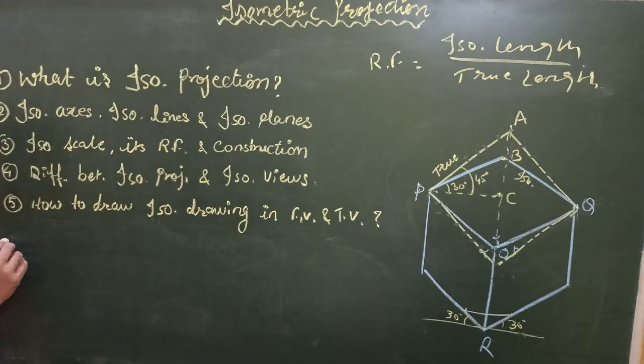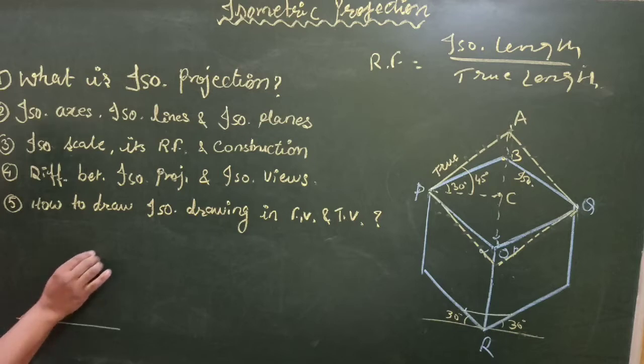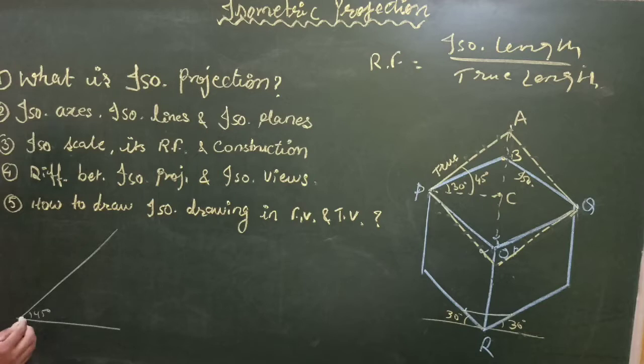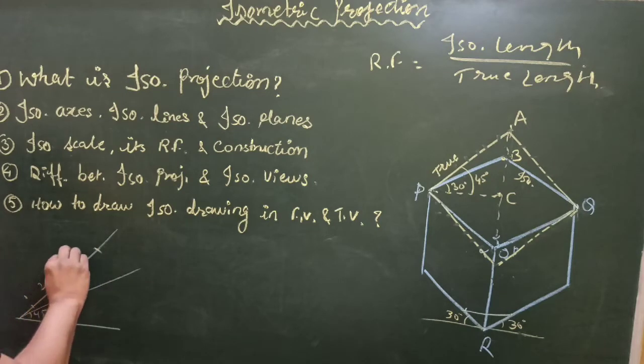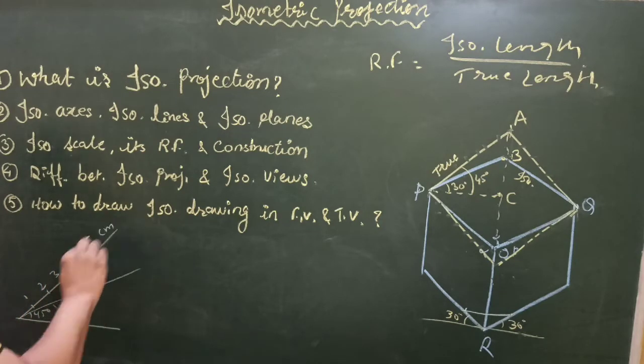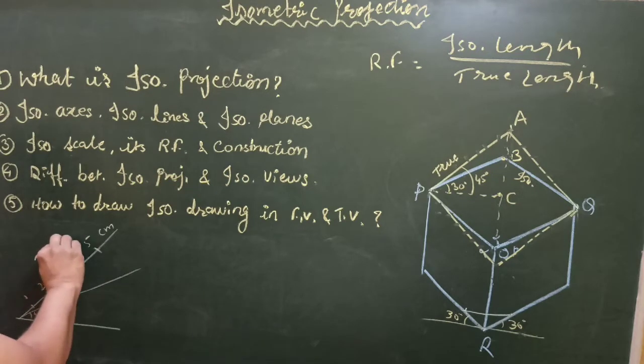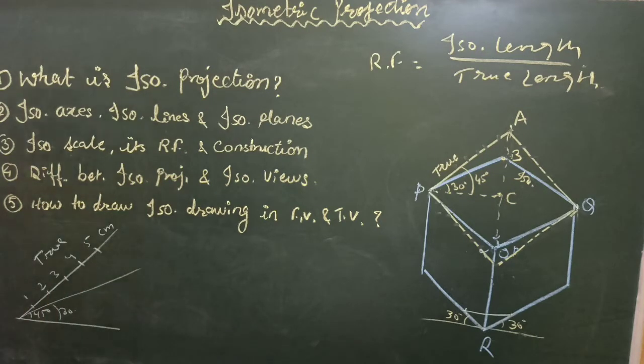In the first method, we draw a horizontal line, a line at an angle of 45 degrees, and another line at an angle of 30 degrees. Then you take the true length here, 1, 2, 3, 4 and say 5, and say these are centimeters. So this is the true length.